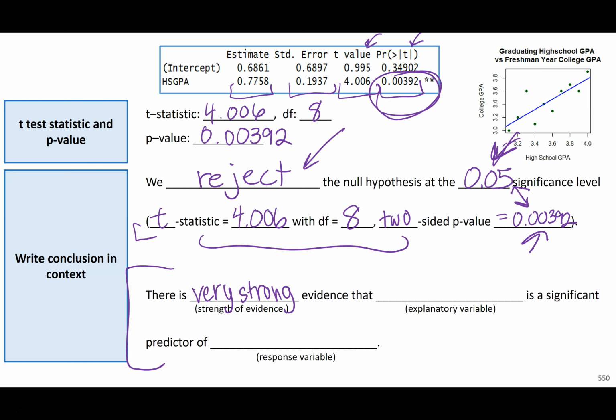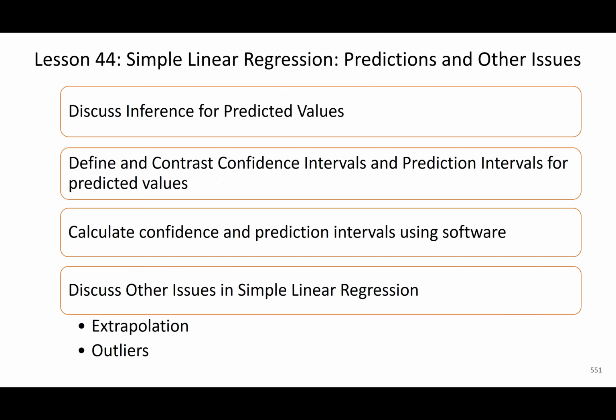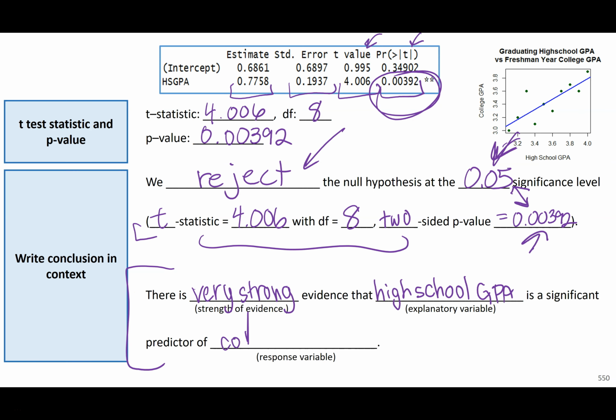So very strong evidence that whatever the explanatory is, so high school GPA is a significant predictor of college GPA. Sorry, sometimes the screen's so touchy when I touch it. And you could be more specific: first year college GPA at this small university, probably in this given year. So yeah, this is my first part.